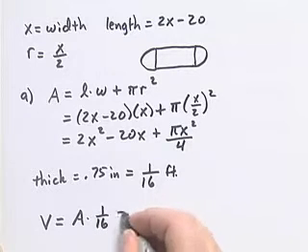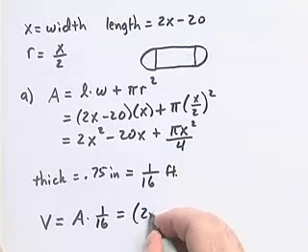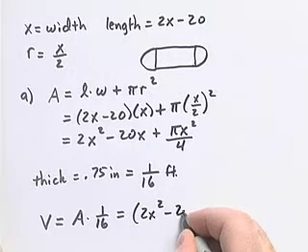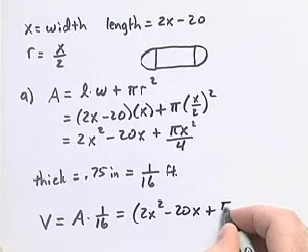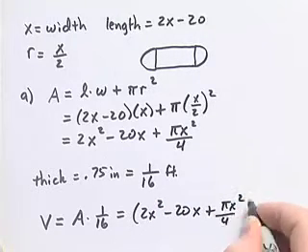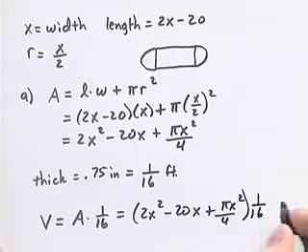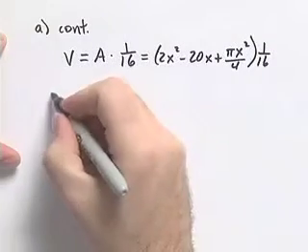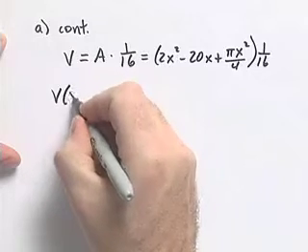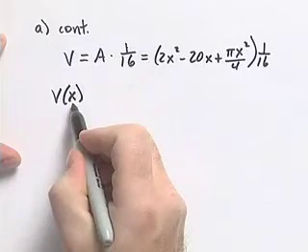So the area times 1/16, we'll have 2x squared minus 20x plus pi x squared over 4, all of that times 1/16. Now that we've written an expression for our volume, we want to write it in function notation since the problem asks us to write a function. Here's our expression. In function notation, we're going to write V of x, so we see that the volume is a function of x.